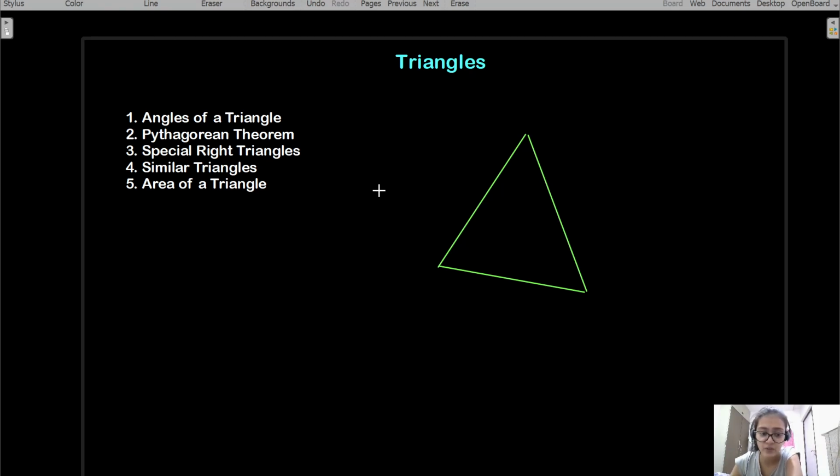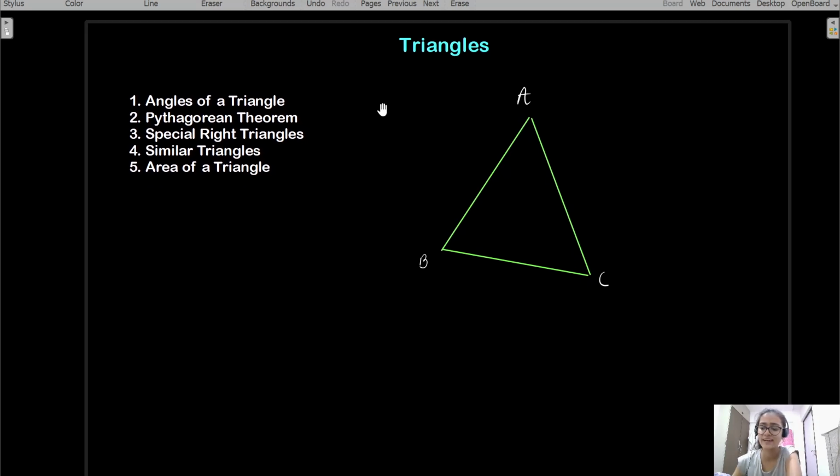So let's say that we have a triangle ABC. So the first concept is angle sum theorem. You study these concepts in your grade 6 or grade 7 or grade 8, but this is just the summary of everything that you should know about triangles.